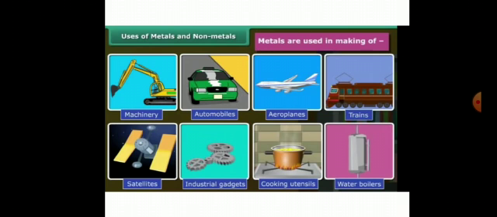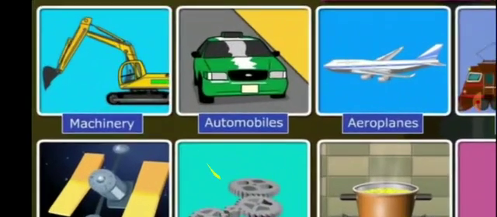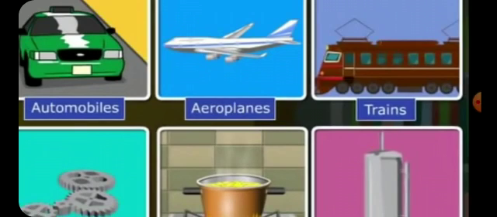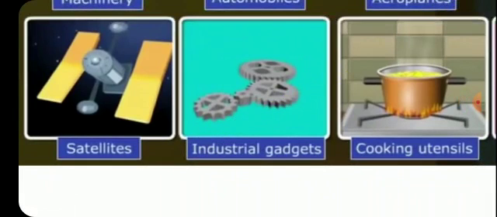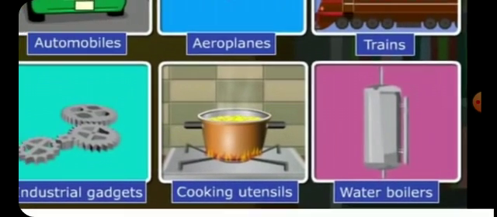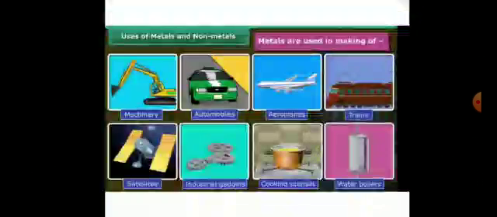Let us see uses of metals. Metals are used in making of machinery, automobiles, aeroplanes, trains, satellites, industrial gadgets, cooking utensils, water boilers. So metals are extensively used in all these areas.